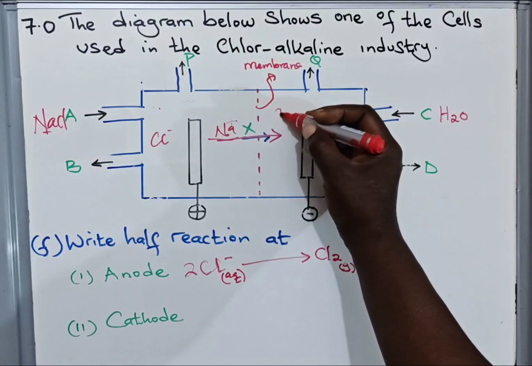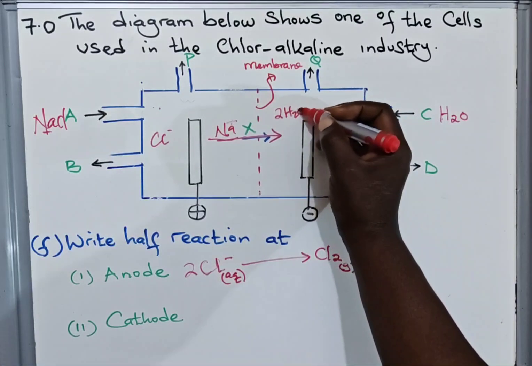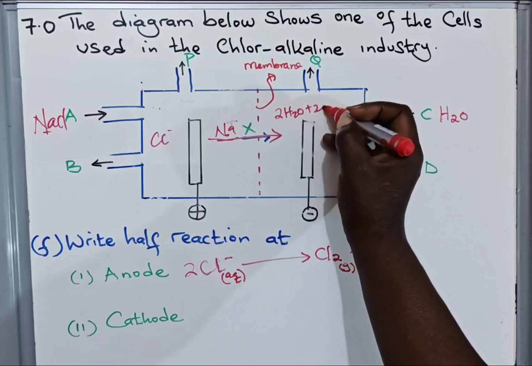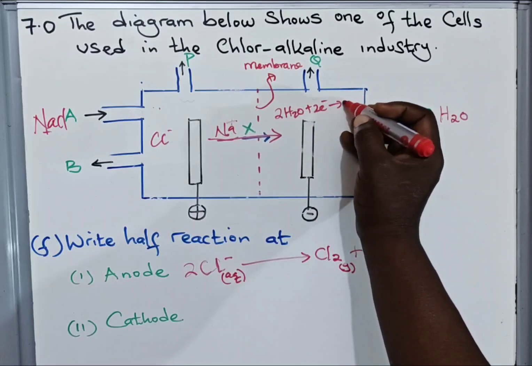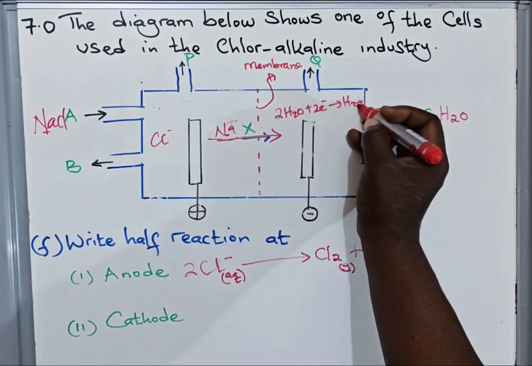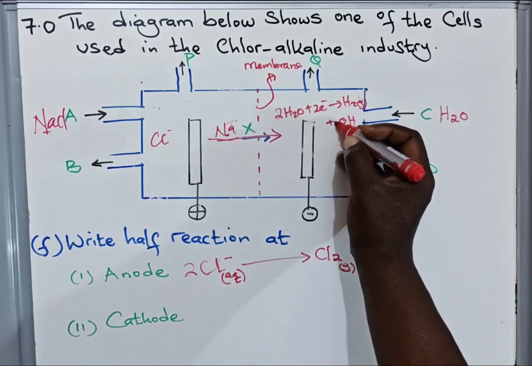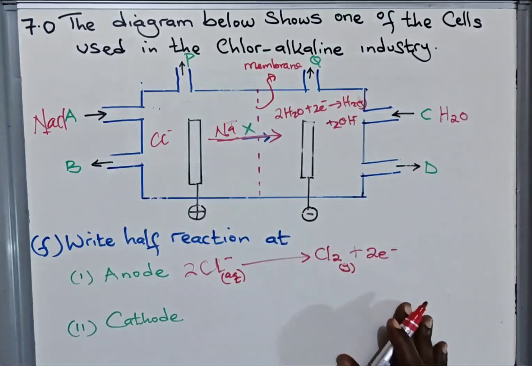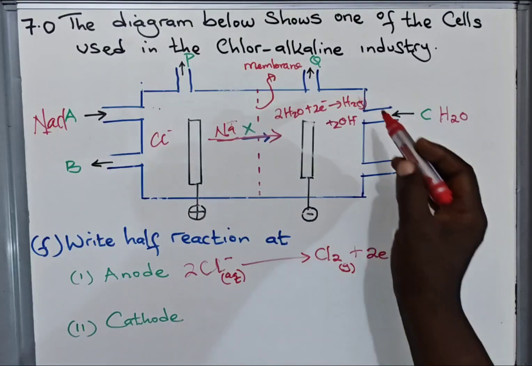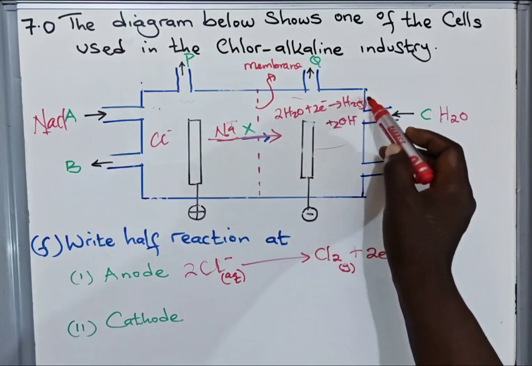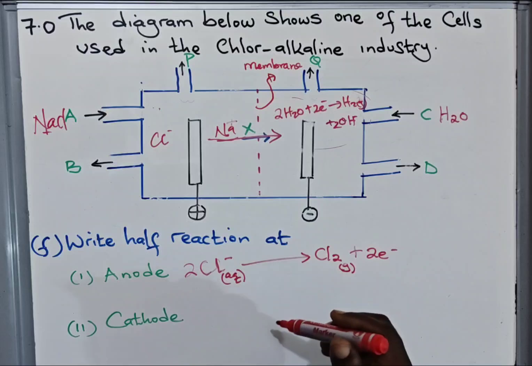So it's going to break down, taking up 2 electrons to break down into hydrogen gas plus hydroxide. Okay? So this is the reaction taking place at the cathode.